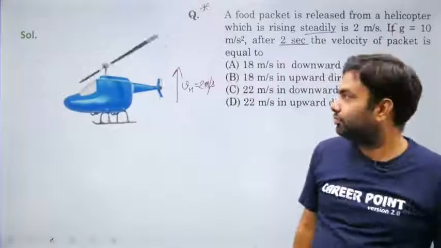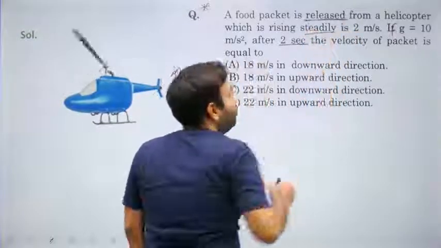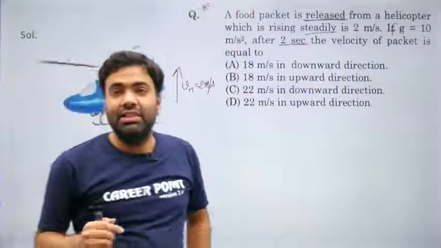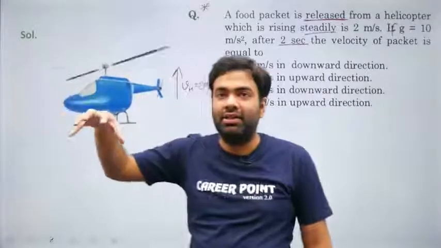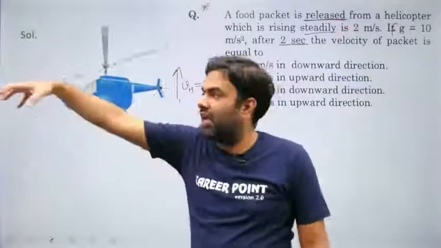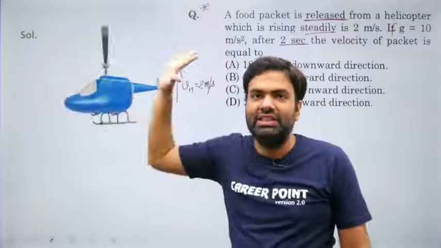See, a food packet is released. What is the meaning of released? Released means the person who was holding this packet, who was going in the upward direction, has just dropped this food packet. It has just been released.